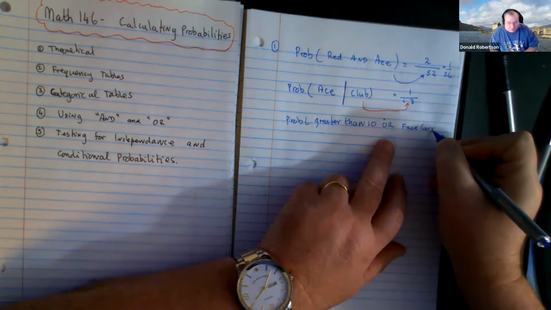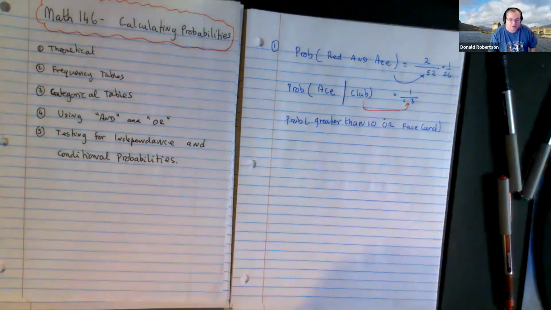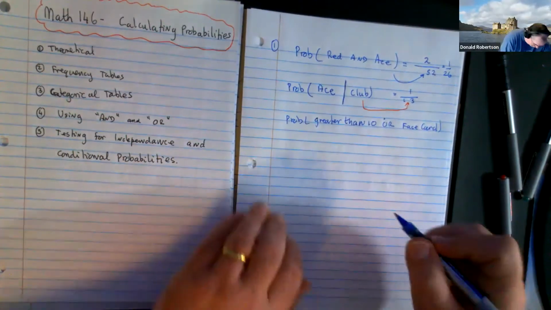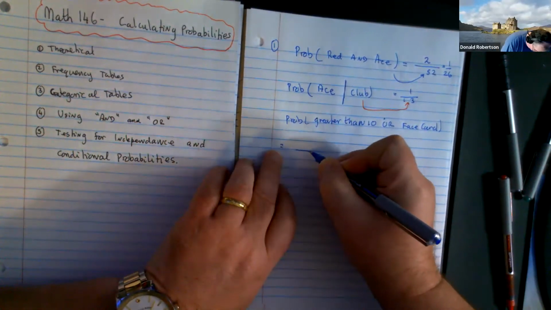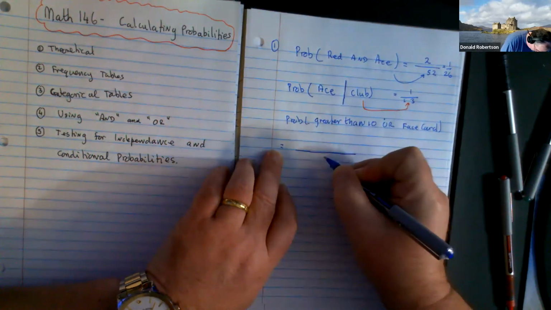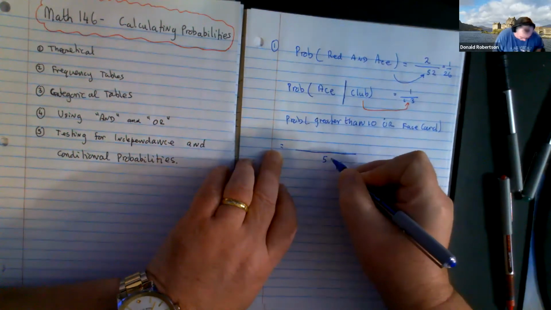So you're picking one card from a deck of cards and you're trying to find out what's the probability that it is greater than a 10 or a face card. And in those ones, you have to be careful that you don't double dip. What I mean by that is you count the same card twice. Now, since you're picking one card, you're good.